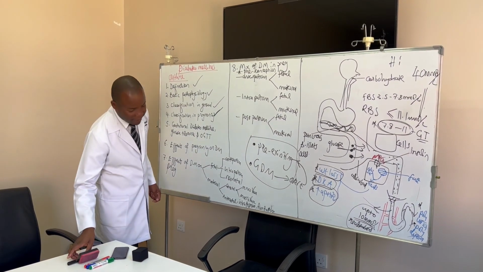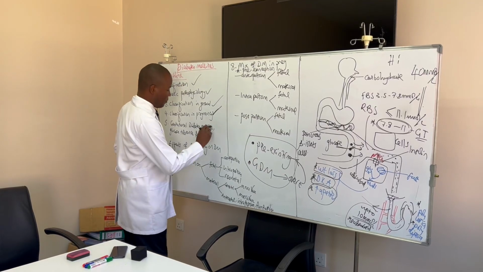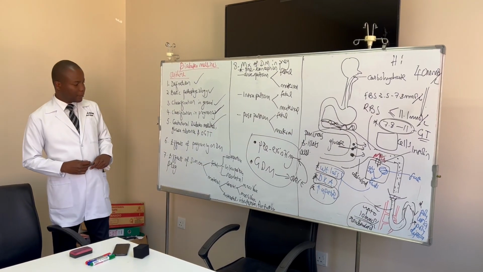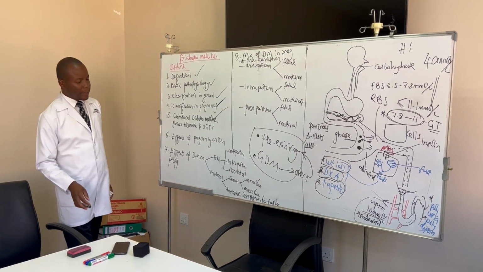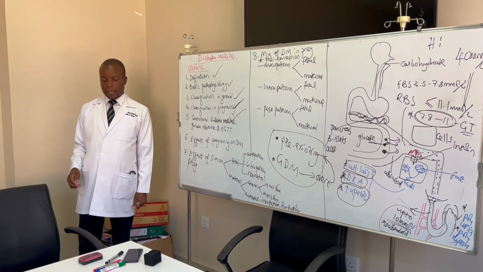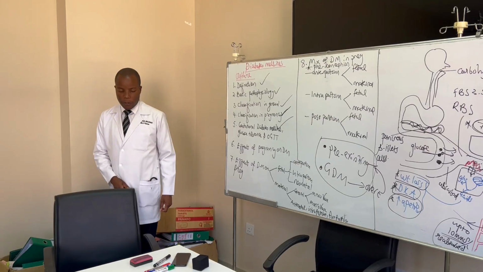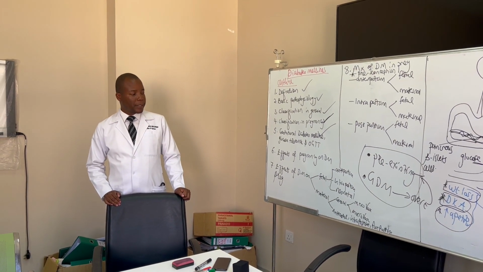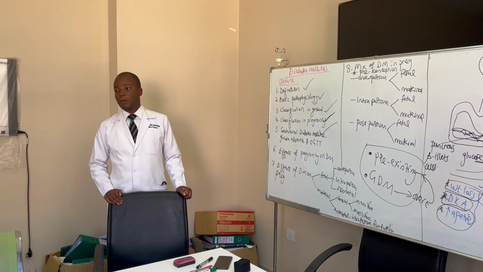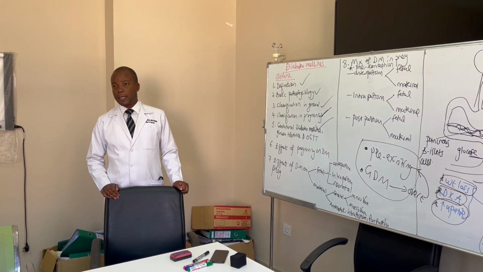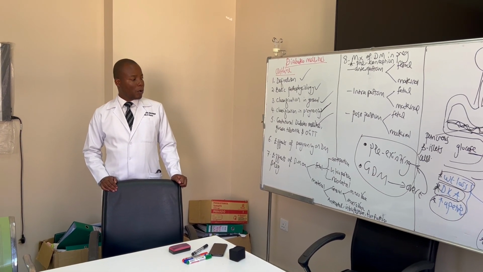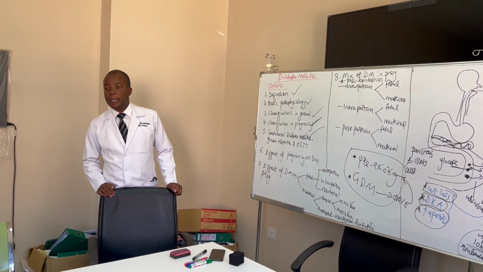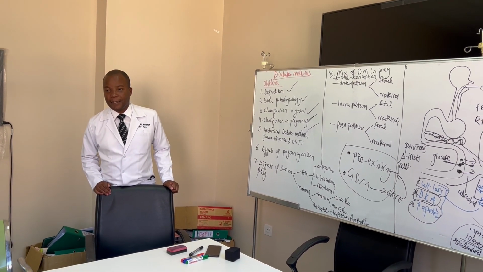Okay, we are moving. What is gestational diabetes mellitus, GDM? So gestational diabetes mellitus is defined as glucose intolerance of variable severity with onset or first recognition in pregnancy.